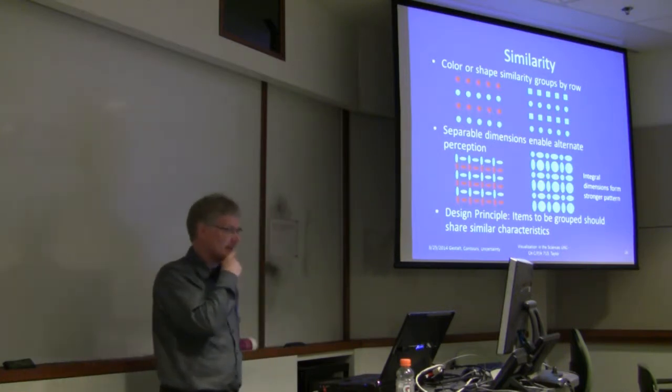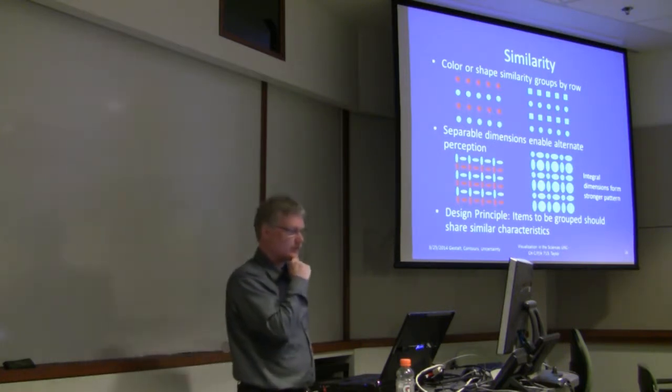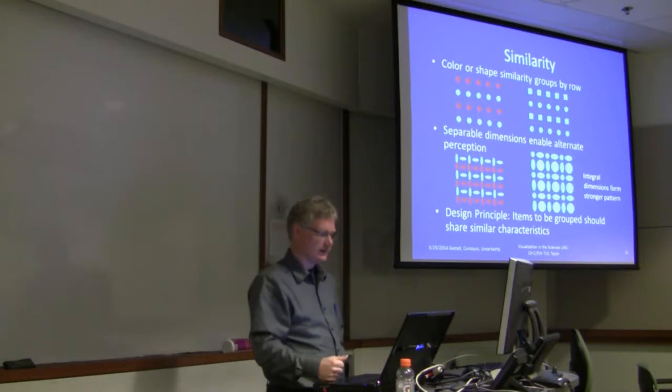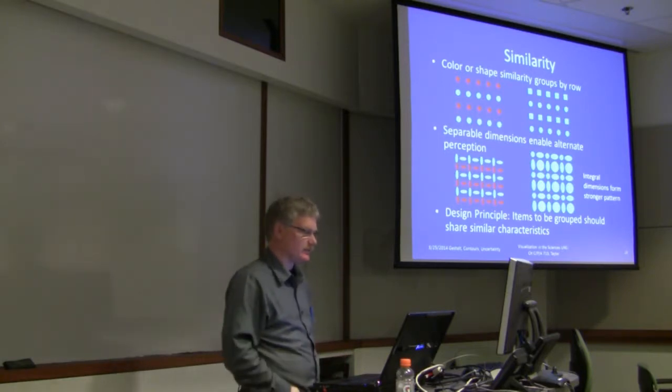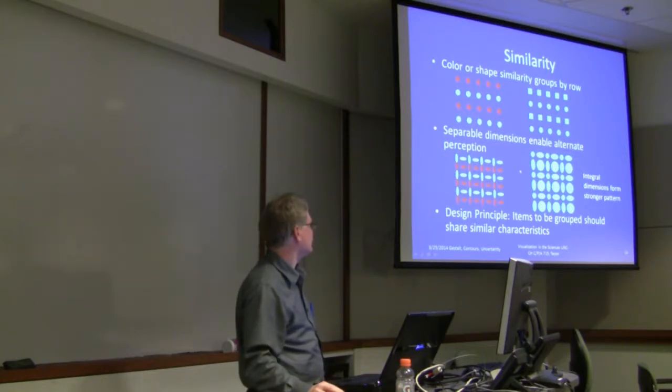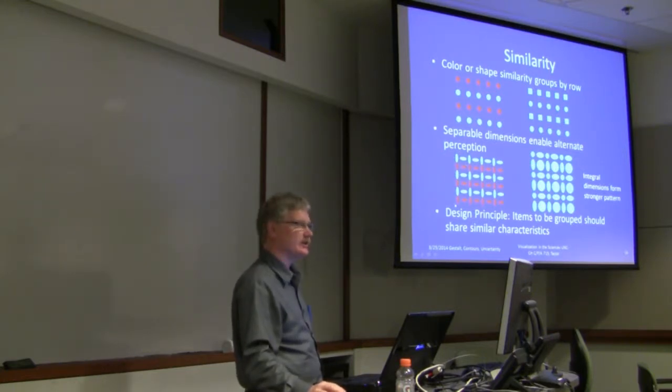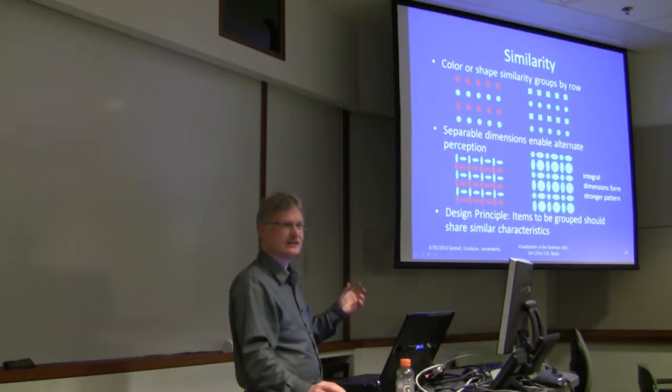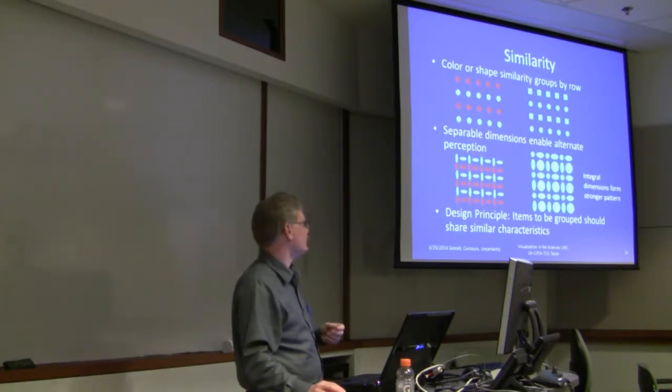And so similarity. Here, color and shape can group things by row, and those are basically separable dimensions. Here we've got color by one row and then horizontal and vertical by the other, so you can decide to look at that as rows or look at it as columns. Here there are integral dimensions, so width and height form together into a shape dimension.